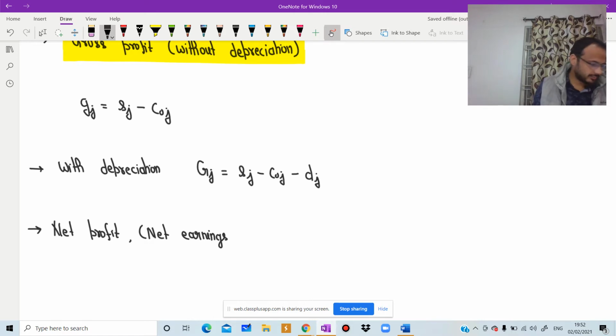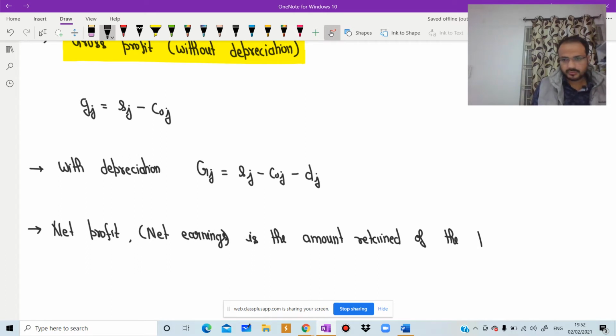Net earnings is the amount retained of the profit after income taxes have been paid.